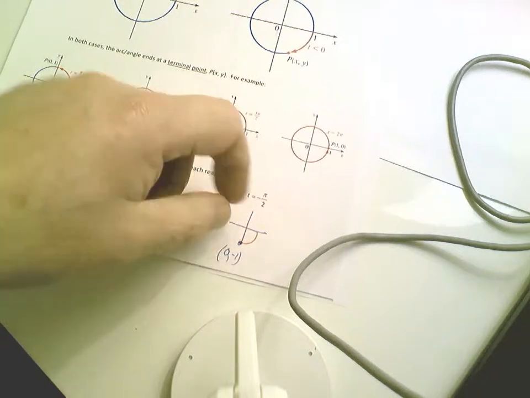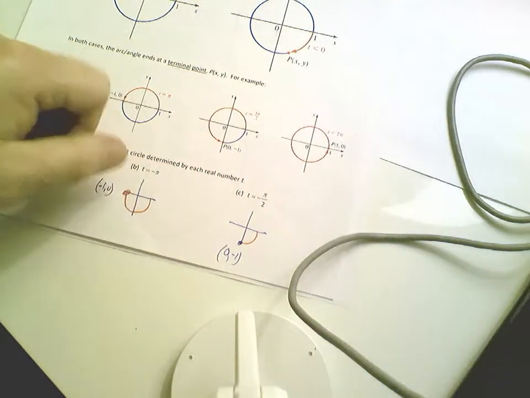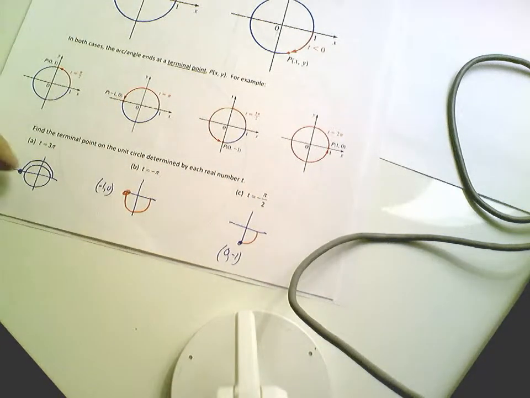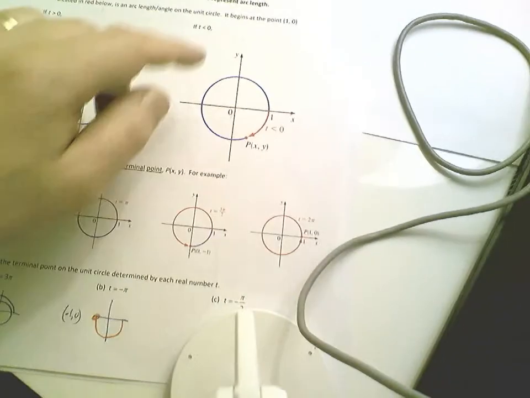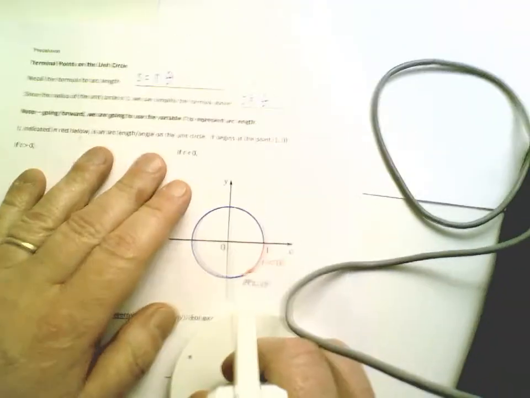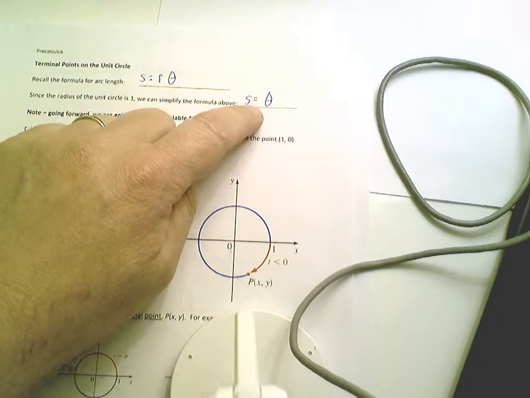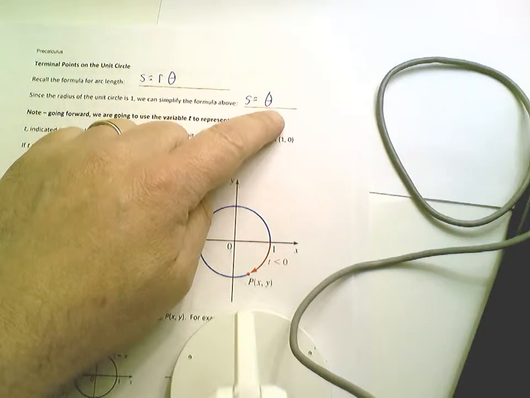Negative pi over 2 took me right there. Negative pi took me halfway around. An angle that was 3 pi. Arc length of 3 pi puts me right there. So remember, on the unit circle, arc length, oops, sorry about that, arc length equals your angle measured in radians.